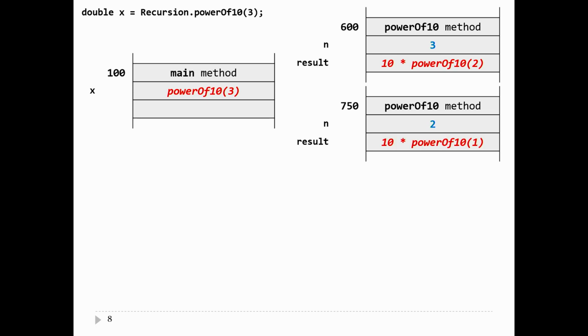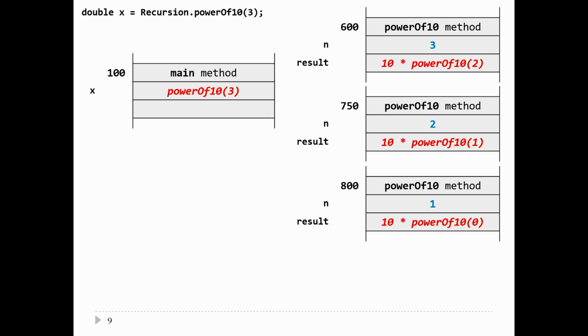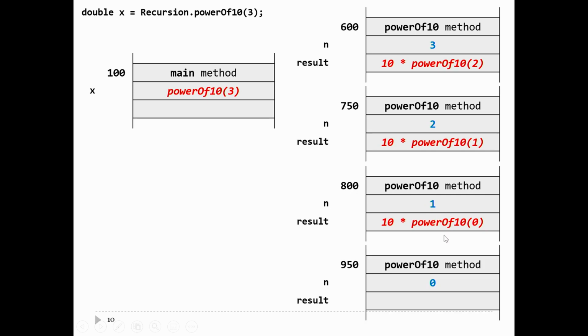That's not the base case, so the result is computed as 10 times power of 10 of 1. So there's another instance of the method that runs. When this method runs, that's not a base case, so it calls itself recursively, another chunk of memory gets carved out, and a fourth version of power of 10 now starts running.